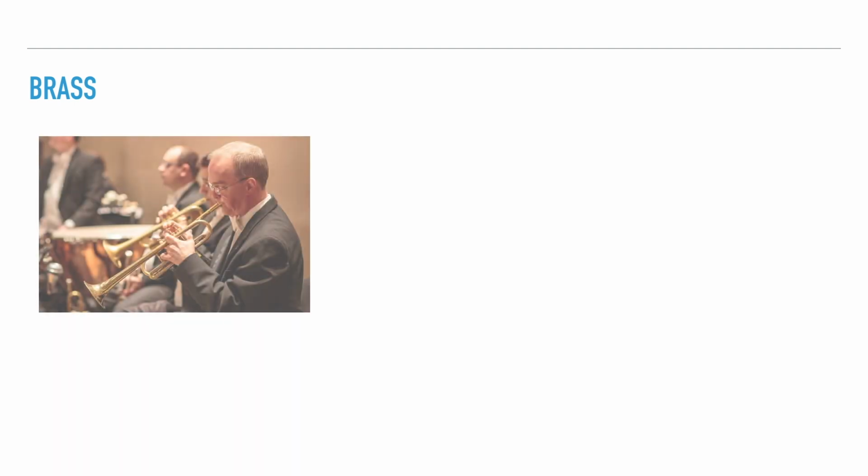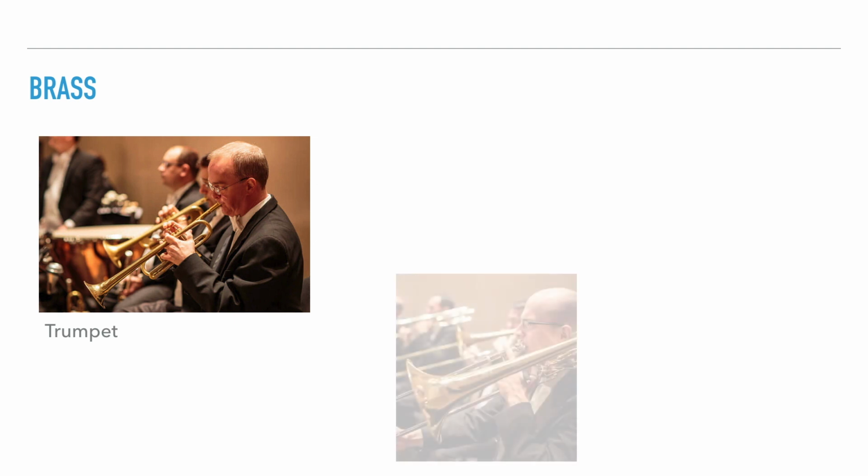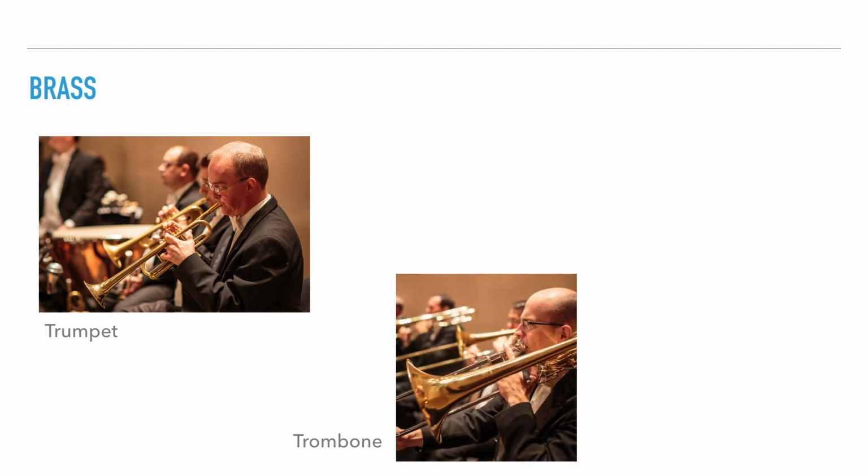Whereas today we have the trumpet, which is an instrument with 3 valves, and what the valves do, when you push down the key of a valve, it diverts air through different length tubes, so you're able to get different pitches. Another brass instrument is the trombone, and this doesn't have any valves at all.